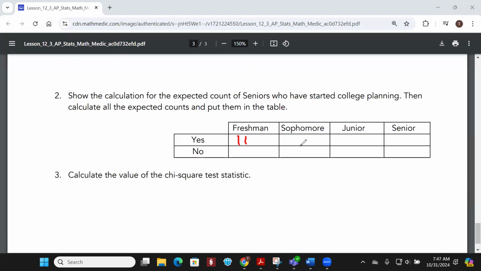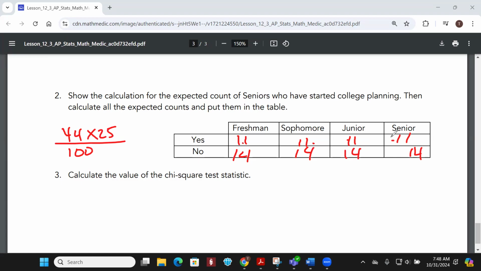You should have gotten 11 here, here, here, 14 here. All of them have to add up to equal 25. So 25 minus 11 gave me 14.